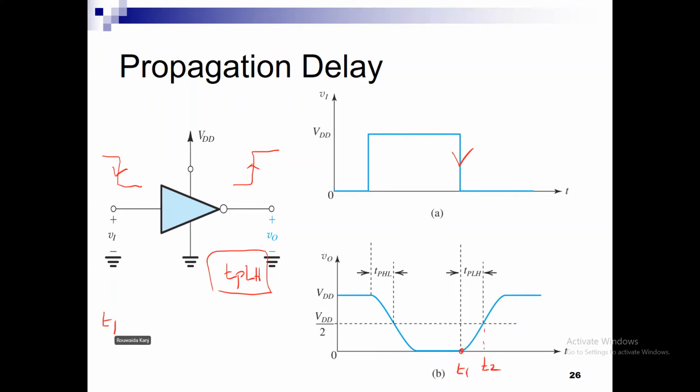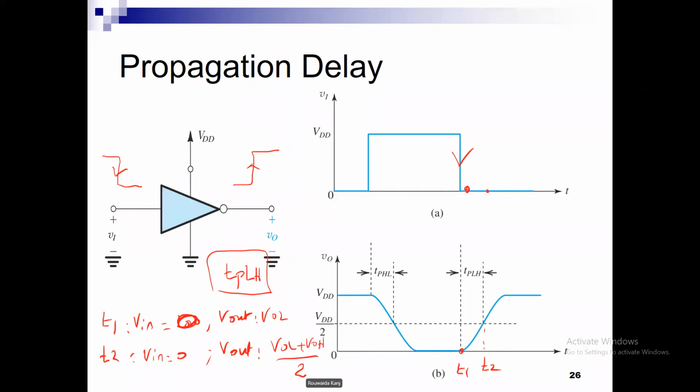My T1 is when my input has already gone low, or zero, and my output is starting from VOL. Then at time point T2, my input is still low, so Vn is 0, and my output is expected to be rising to the midpoint, which is VOL plus VOH over 2. So these are the 2 time points that I am very much interested in. Okay, great.